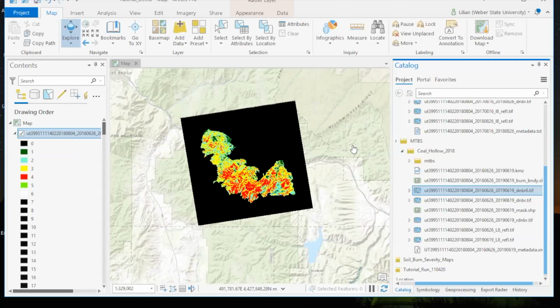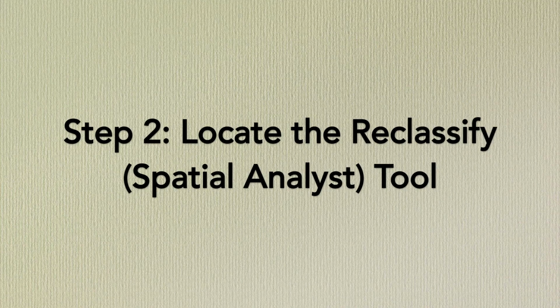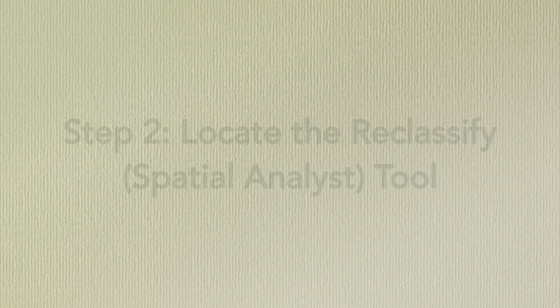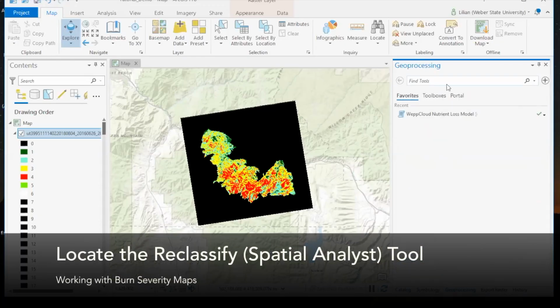In order to work with this fire in WebCloud, we need to reclassify the image from 6 classes to 4 classes. The 2 extra classes, Increased Greenness and Cloud Mask, will be reclassified as No Burn and No Data, respectively. In the Geoprocessing pane, locate the Reclassify tool from the Spatial Analyst toolbox.